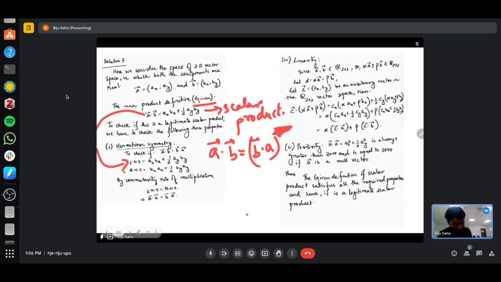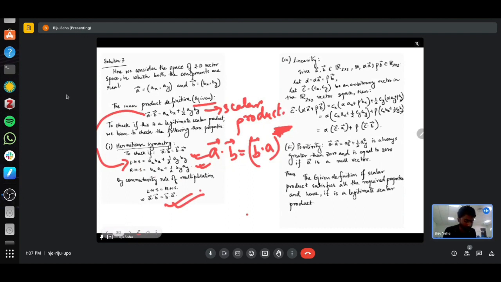And B dot A has the first component brought to the second and the second brought to the first. So that is the change. Obviously the LHS is equal to the RHS because individually they are all numbers, and since multiplication is always commutative, yes, LHS is equal to RHS. So the first condition is satisfied.